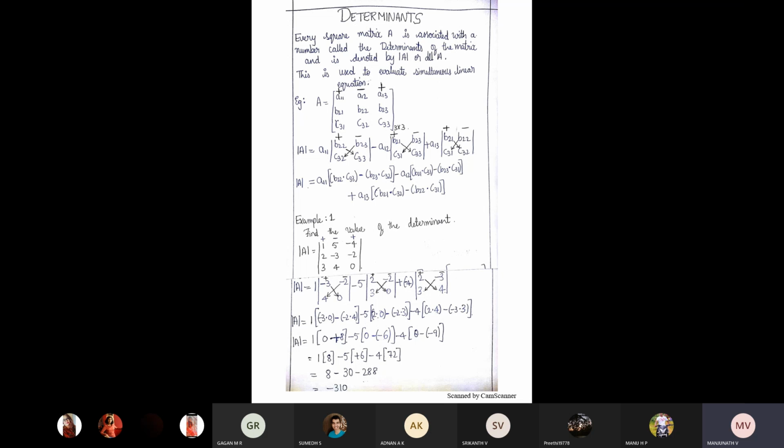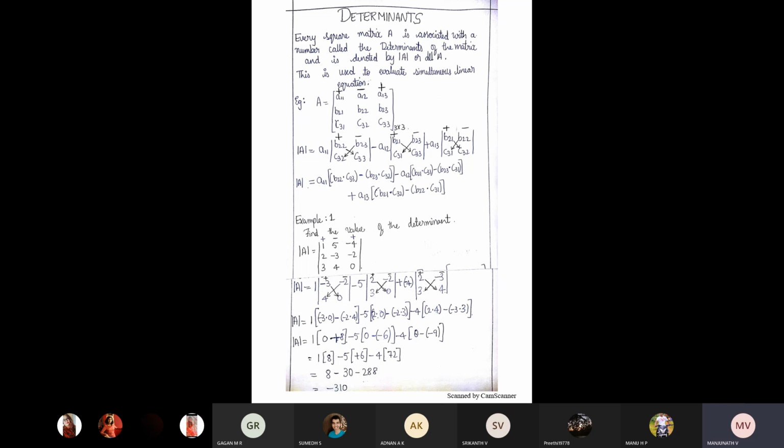You take C as the third row. You can take this one: A11, A12, A13, B21, B22, B23, C31, C32, and C33.